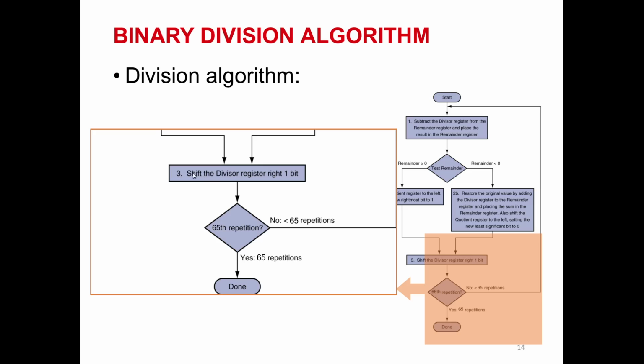And after that you will need to shift the divisor register to the right for 1 bit, and then you check whether you have reached the final iteration or not.